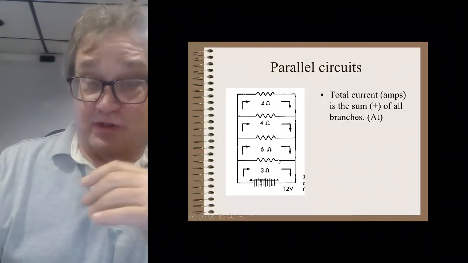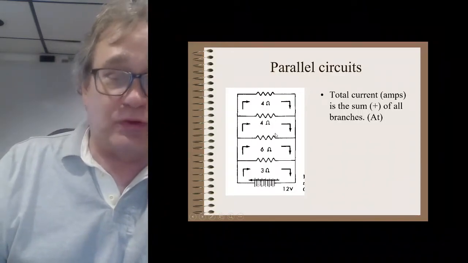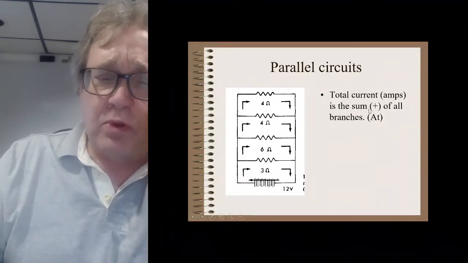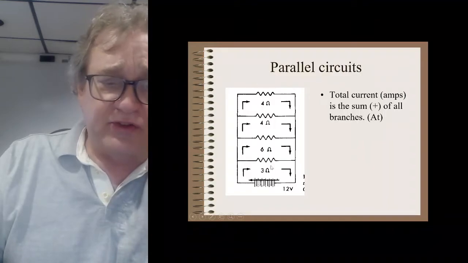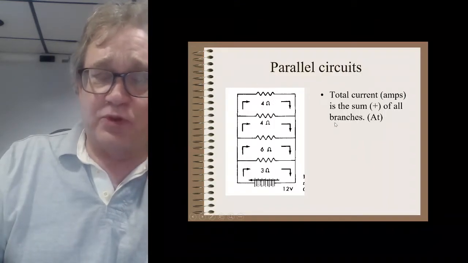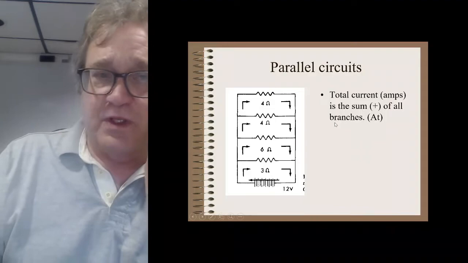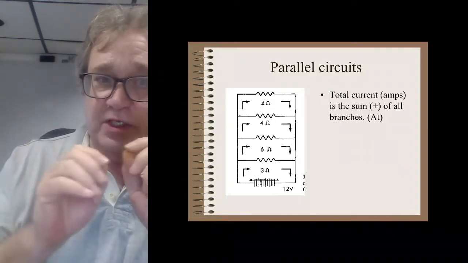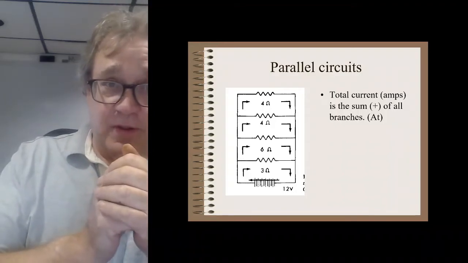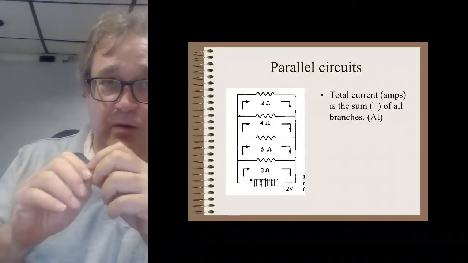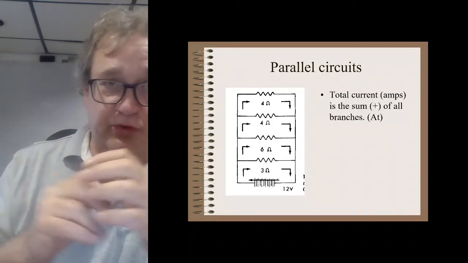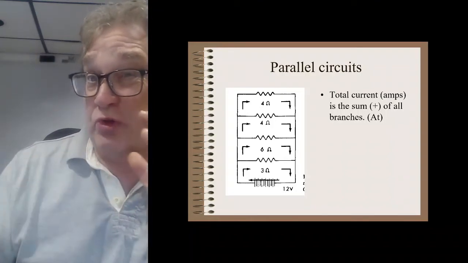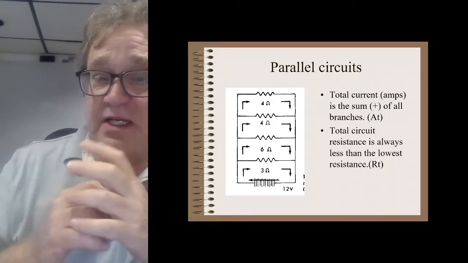If we add all of these up, the sum adds up to the total current. You get it? In the series circuit, it's the same amps through the entire circuit. In this one, each branch is different. In the series circuit, the voltage drops were different at each point, whereas in a parallel circuit, they're all the same. Get it?